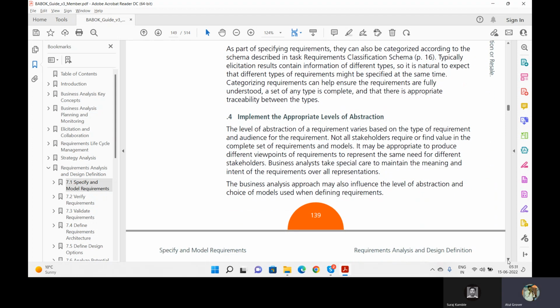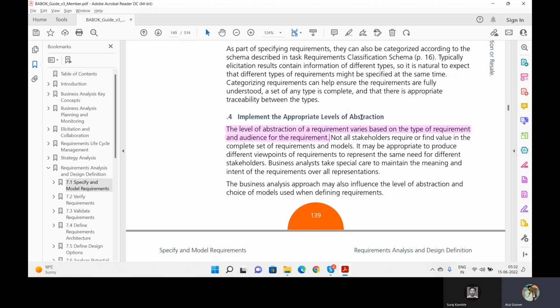And last, implement the appropriate level of abstractions. It means now they're saying that level of abstractions of a requirement varies based on the type of requirement and audience. किसको कितना दिखाना है requirement का detail, that is called the abstraction here. It depends.